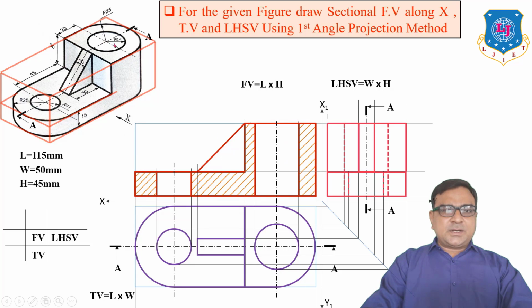Here there is no material, so the cutting plane is not passing through any surface here and also here. That's why there is no section line drawn here.